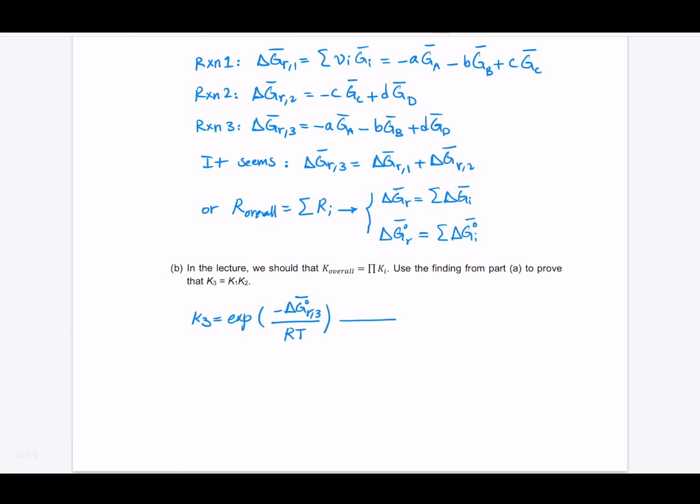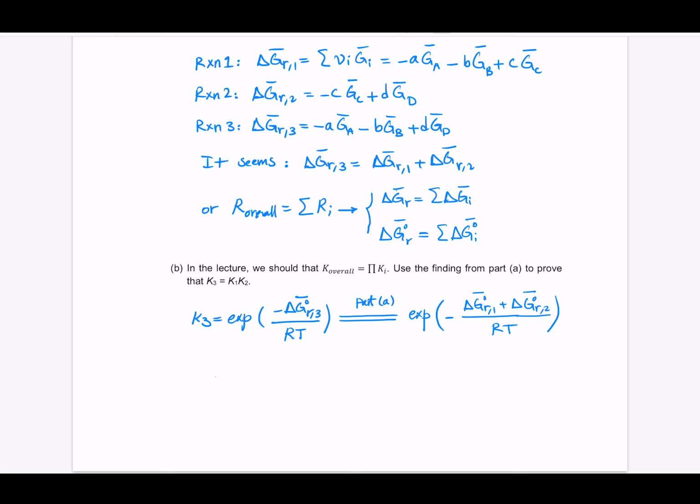And from part A, we can basically expand this. This would be minus delta G of reaction 1 plus delta G of reaction 2. The next part is basically we break this into two exponential terms.